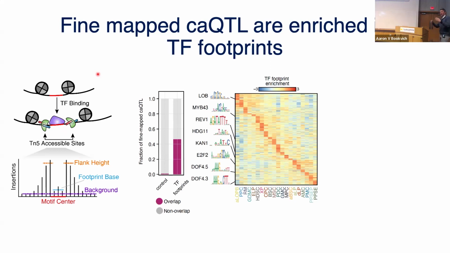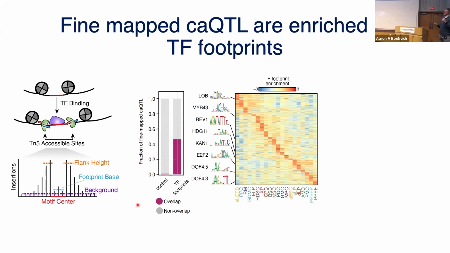So first of all, we used this transcription factor footprinting method to identify regions or small segments of DNA within accessible regions that we predict would be bound by transcription factors. And we find that more than 50% of these TF footprints have fine-mapped chromatin QTL within them, right?